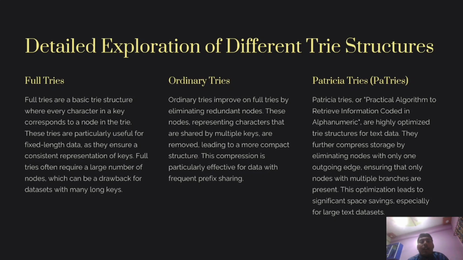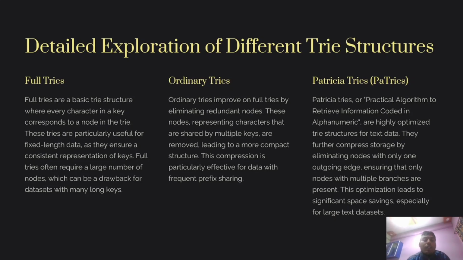Detailed exploration of different trie structures. Here they are: full tries, ordinary tries, and partial tries, also known as PATricia tries. Basically, the full trie is useful for fixed-length data, but can be resource intensive for long keys.